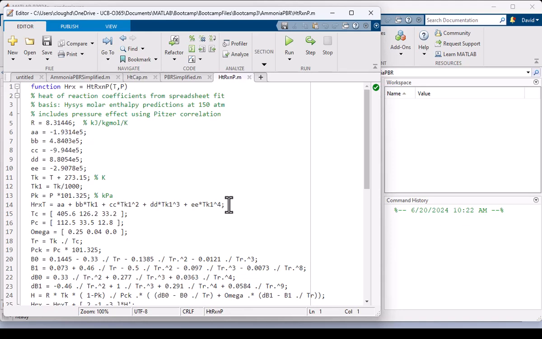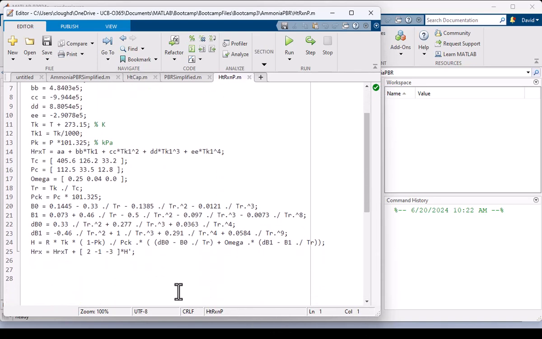And then we establish our critical temperatures and pressures and our omega variable, reduced temperature, and convert our pressure over to kPa for the purposes of the calculation.